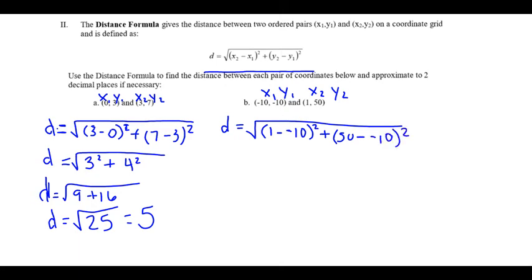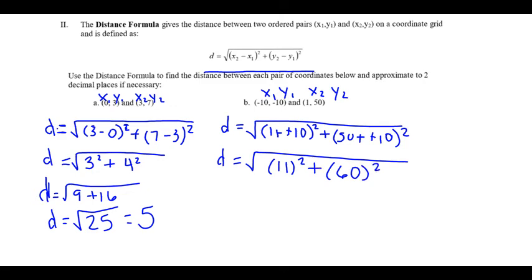So d equals, you want to simplify under that radical first. 1 minus negative 10, plus a positive there, so you get 11 squared plus 60 squared.